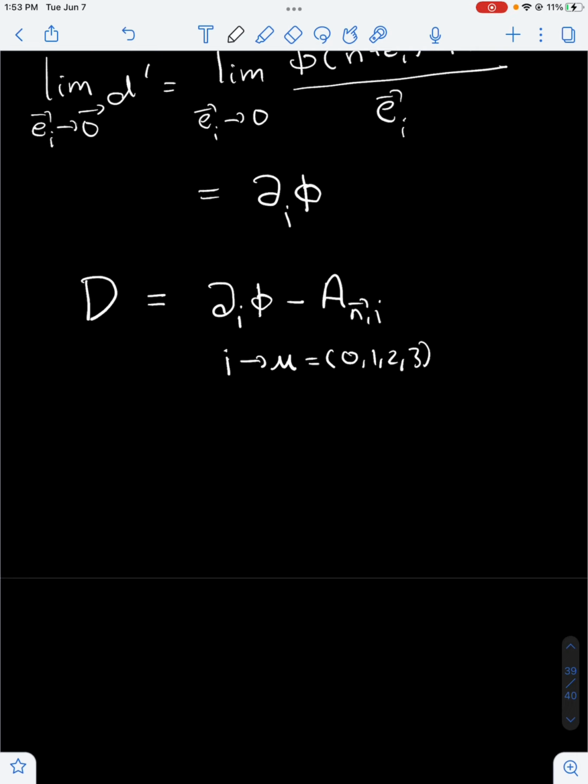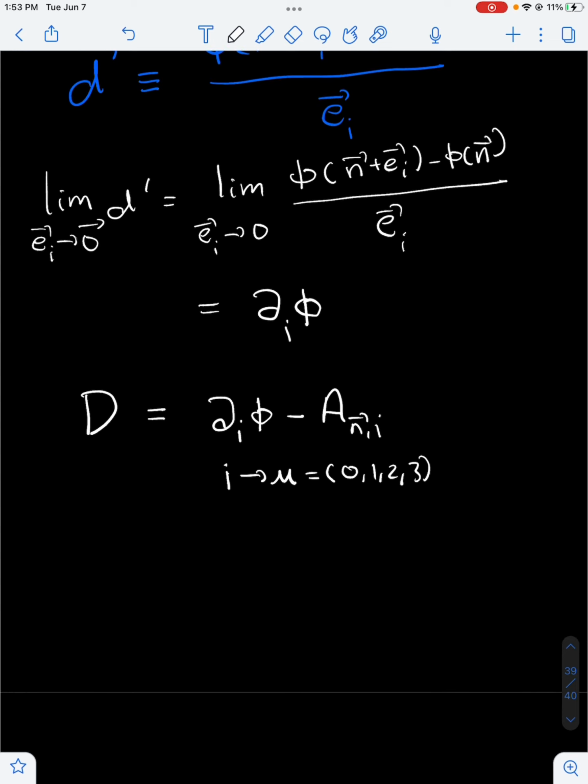So now we'd have d mu of x mu. Here we had di of n, but here we'd have d mu of x mu equals partial mu phi minus a mu of x mu.